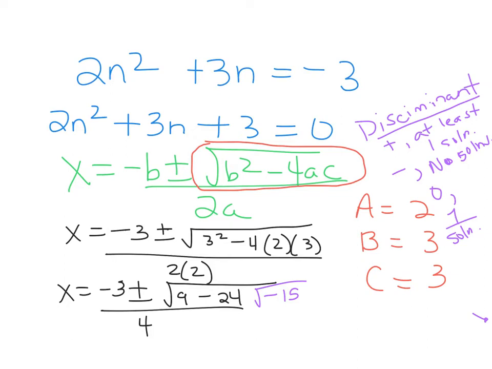So this problem ends up turning into x equals negative 3 plus or minus the square root of negative 15 divided by 4. Well, because I have a negative discriminant, what that means is I can stop this problem right now. This problem, no matter what I do, has no solutions. Okay?